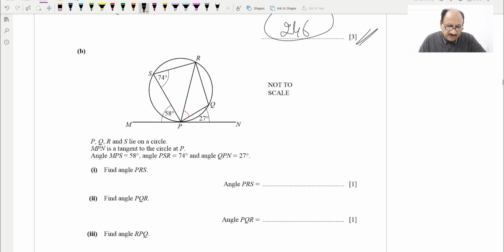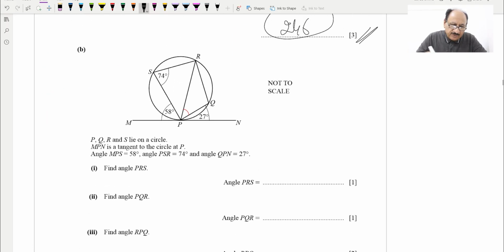Hopefully you understand this. Now B part is circle theorem. It's giving that PQRS lie on a circle, so it's a cyclic quadrilateral, and keep in mind the diagram is not to scale.